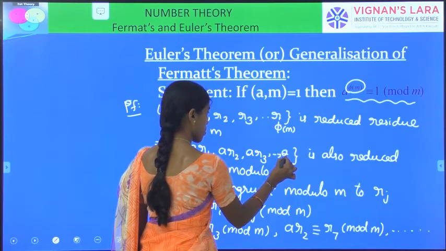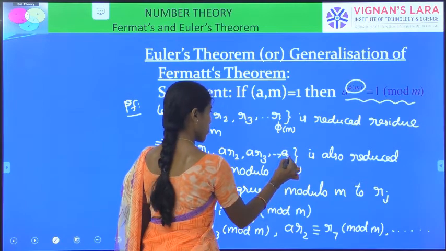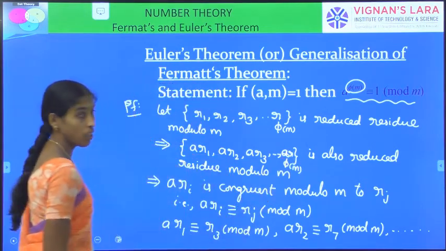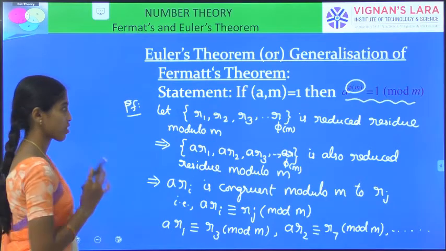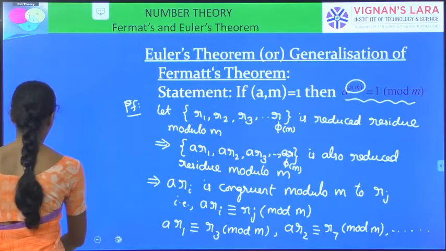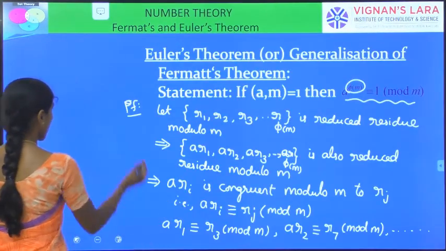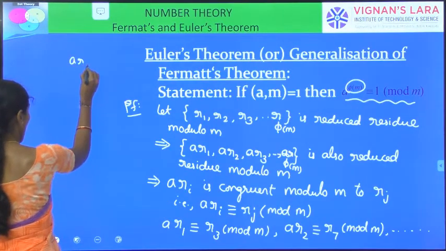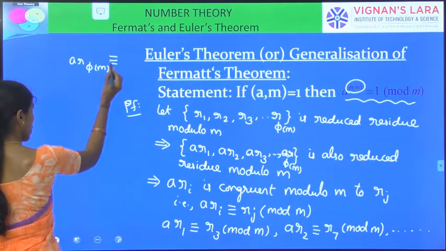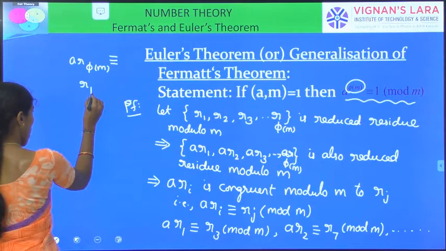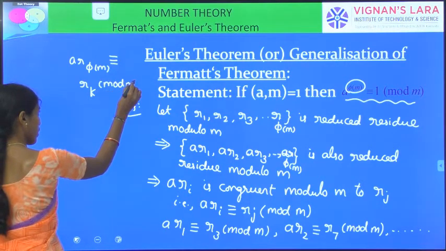Now this last number is also some R suffix phi of m, right? So we are fixing a finite set of integers. The last congruence becomes aR to the power phi of m is congruent to some Rk modulo m, right?